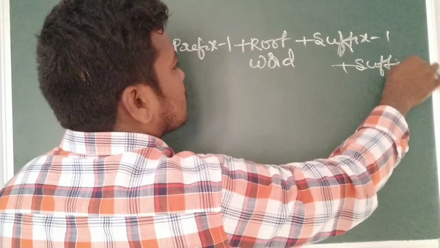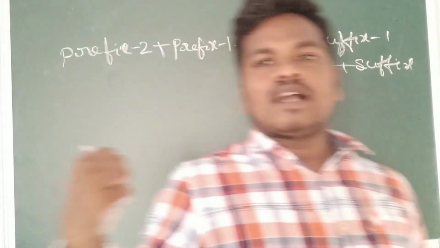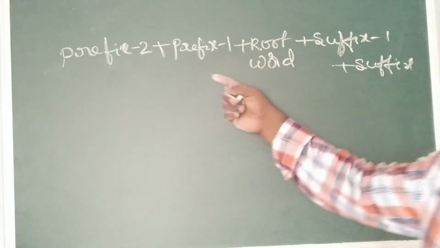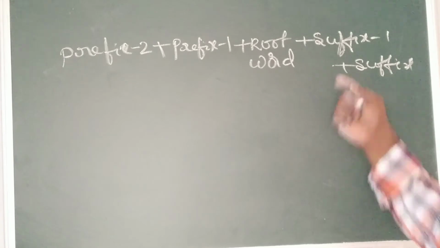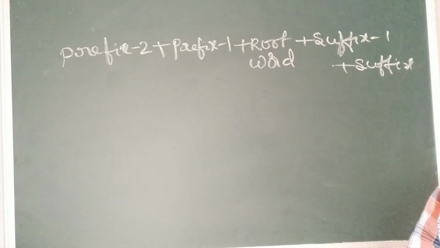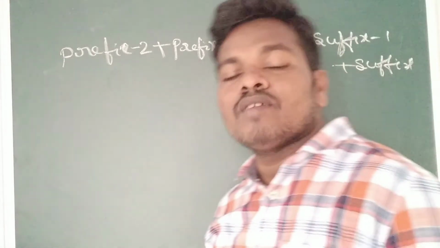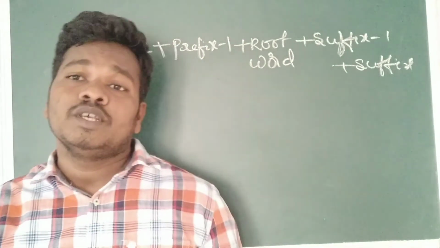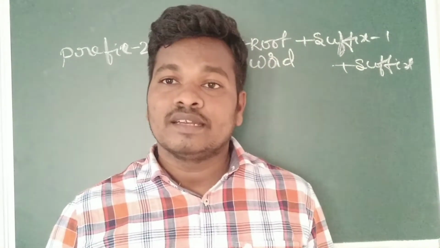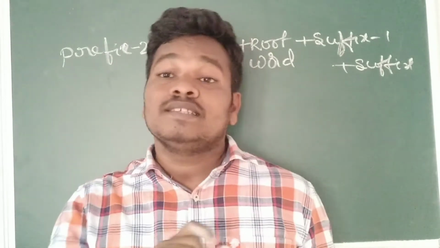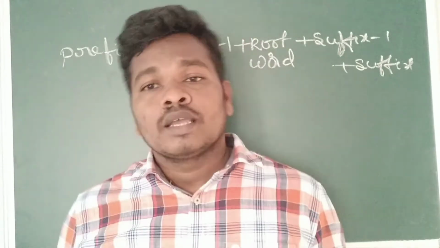First prefix 2 will come, later prefix 1, later the root word, later suffix 1, later suffix 2. For any given organic molecule, the first step is to calculate the principal chain, which means the longest chain.